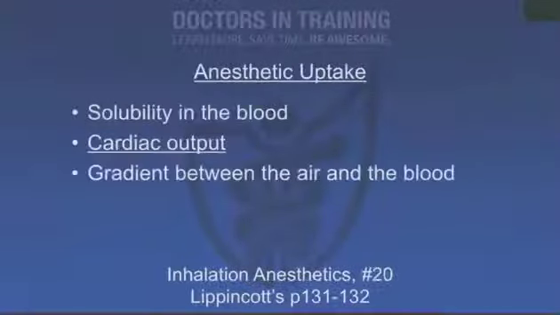That can be determined by the solubility in the blood, how soluble the drug actually is when it hits the alveolar blood barrier, the cardiac output, how much blood's going around, and the gradient between the air and the blood. So at some point you can tell that the blood level of the drug is increasing to match that in the air.